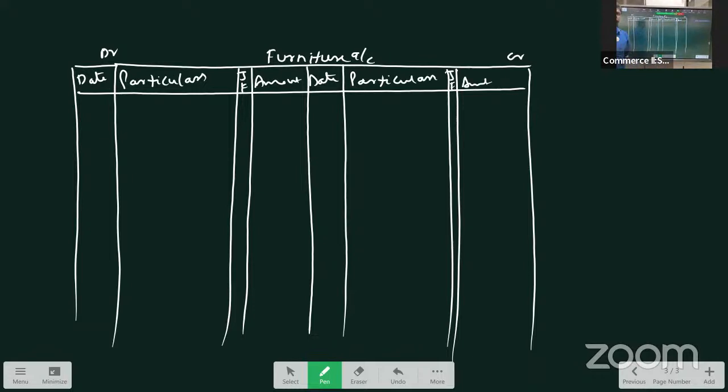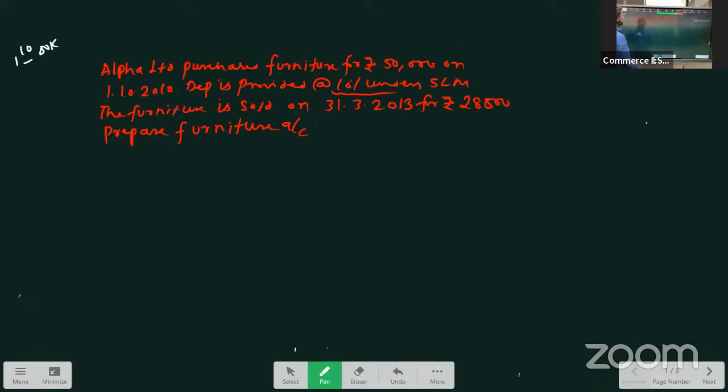Remember the figures? When was the asset purchased? It was 1st October 2010. See the question? It was purchased on 1st October 2010 for 50,000. Okay.